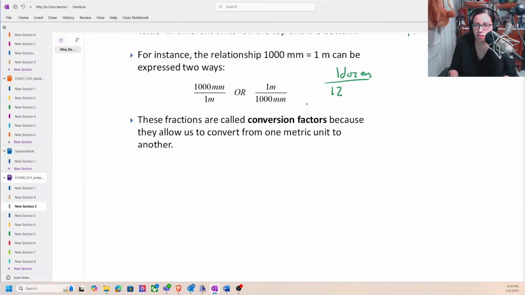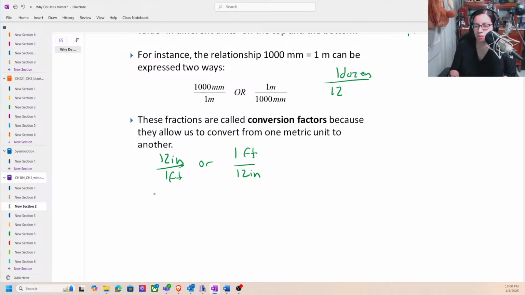And then let's see where we're going. We can take our conversion factor. Again, we'll use there are 12 inches in 1 foot, or 1 foot is 12 inches.